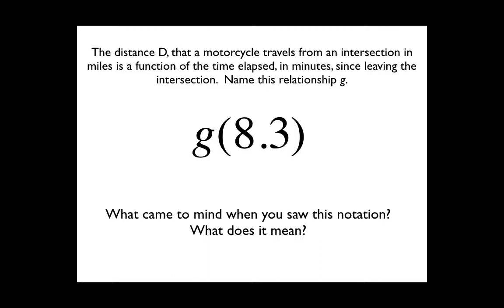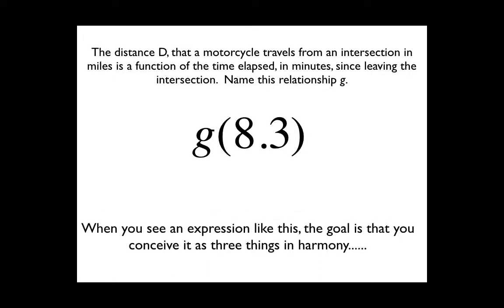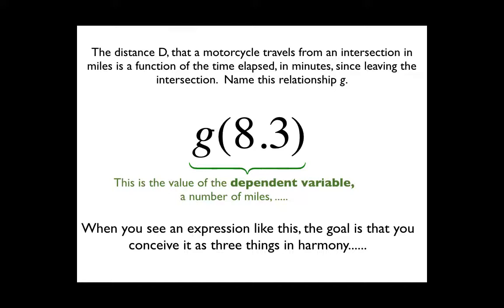So this expression here, g of 8.3, on its own, without knowing its value, means the distance that the motorcycle traveled in the 8.3 minutes since it left the intersection.